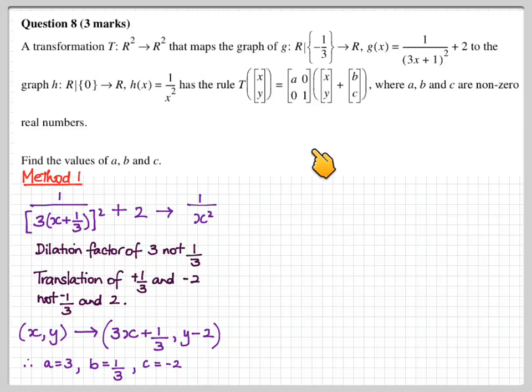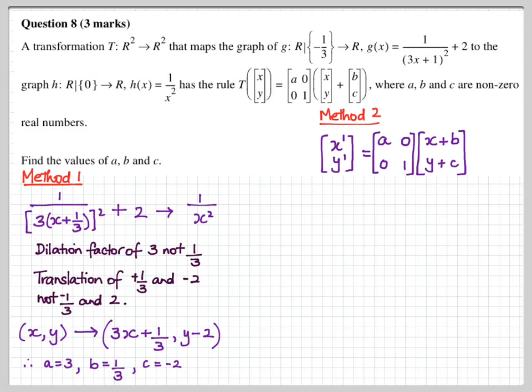Now I can take a matrix approach as well. Let's do that. So first thing I'm going to do with a matrix is actually I can just add x plus b, y plus c, and this T of x, y means that I'm transforming x and y, this is my pre-image, to my image. And so I can rewrite that as x dash, y dash, not to be confused with derivatives, but this basically means that my x is transformed.